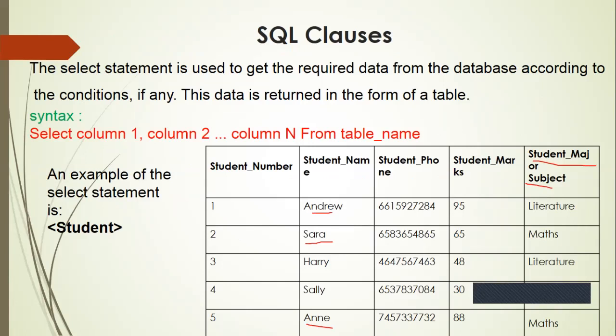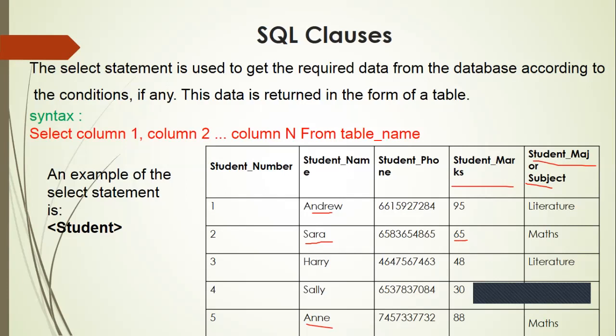And what was the next condition? Order by on marks. It has not specified whether it is ascending or descending, so by default it is ascending order, from lower to higher.